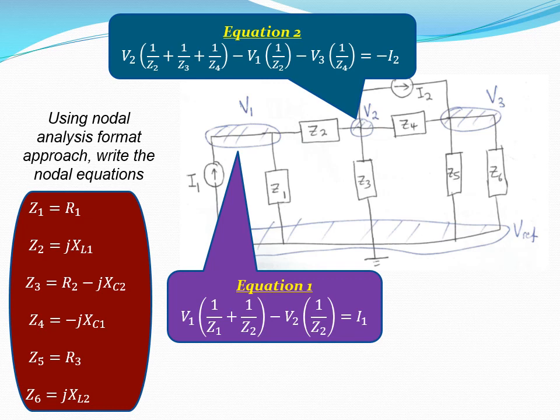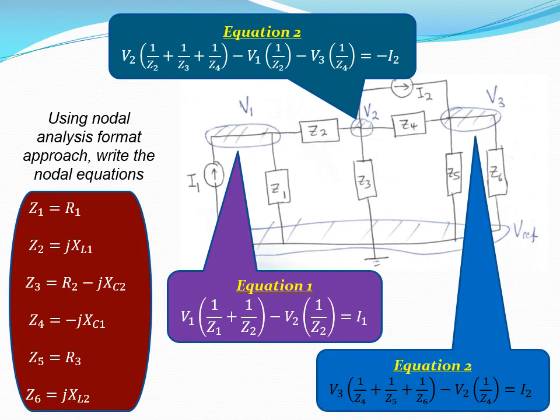The mutual admittances are 1 over Z2 and 1 over Z4. Therefore, the mutual terms are minus V1 by 1 over Z2 and minus V3 by 1 over Z4. The current source attached to the node is I2, and it is leaving the node. Therefore, the right-hand side is equal to minus I2.